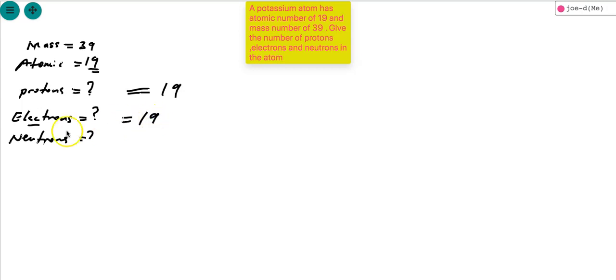Now we have to find the neutrons. From the previous equation, we know that mass number is equal to proton number plus neutron number.